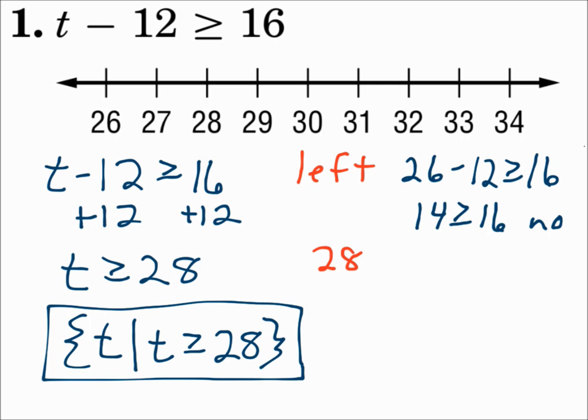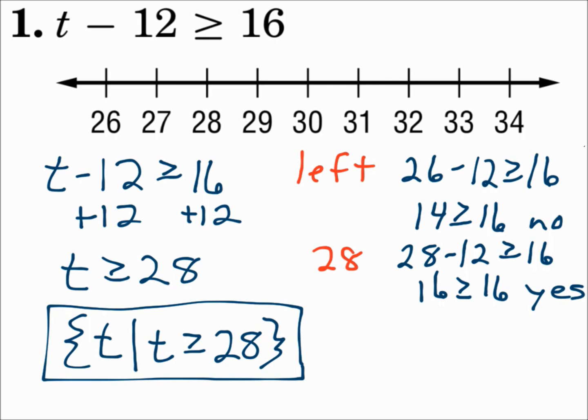What about the number 28? 28 minus 12 greater than or equal to 16? Is 16 greater than or equal to 16? It's equal to it. So yes, 28 is included. That's why we will get a closed circle on 28.